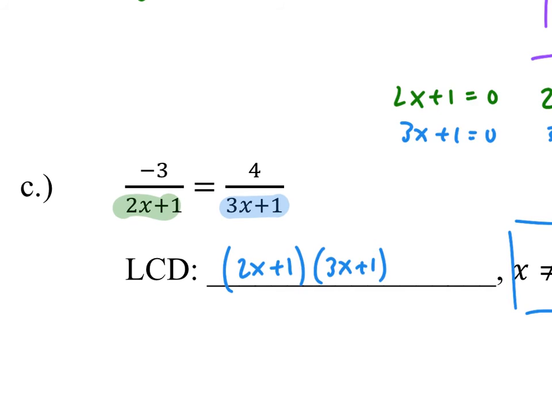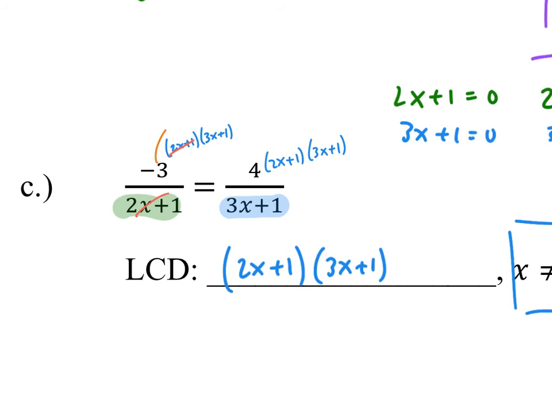So I'm going to go ahead and multiply by the LCD. I'm going to multiply that left side by 2x plus 1 and 3x plus 1. I'm going to multiply that right side by 2x plus 1 and 3x plus 1. Why am I doing that? Because I want the denominators to cancel. So on the left side, that part cancels.